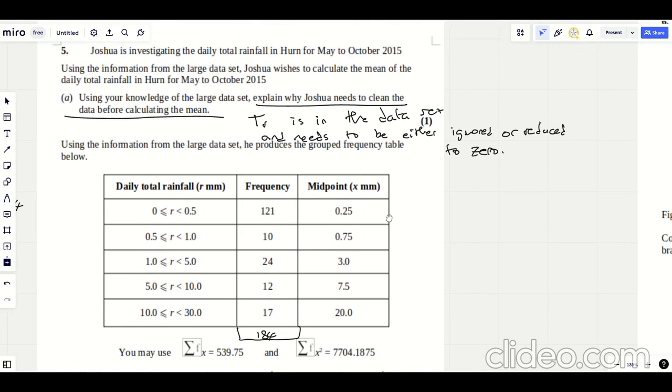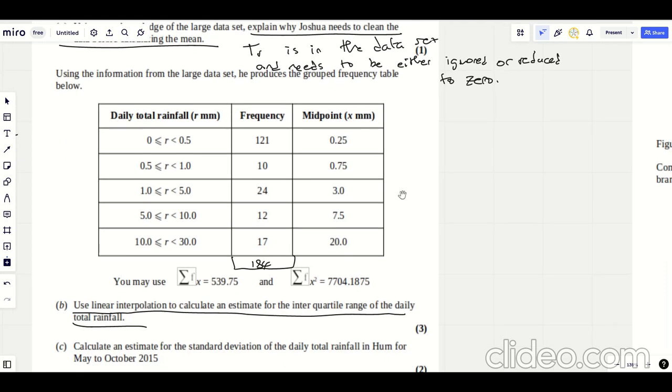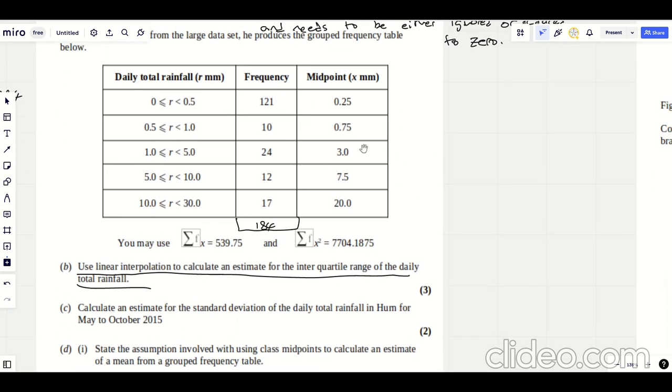Did it actually say in the question that he's taken the 184 items of data? Probably not. That's slightly annoying because you will need to add up the frequency then. Let me just check I've added it up correctly: 131, 155, 167, 177, 184. Yeah, it's 184. Okay, so right, we want to estimate the interquartile range.